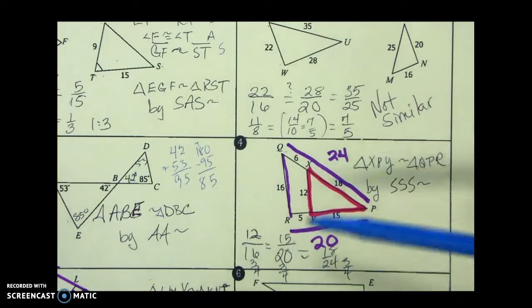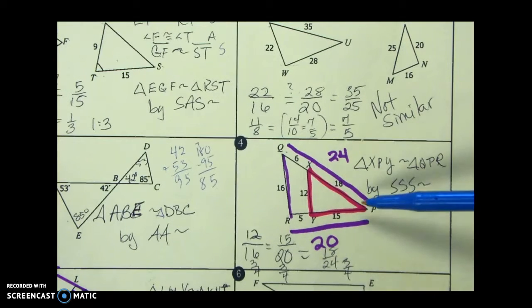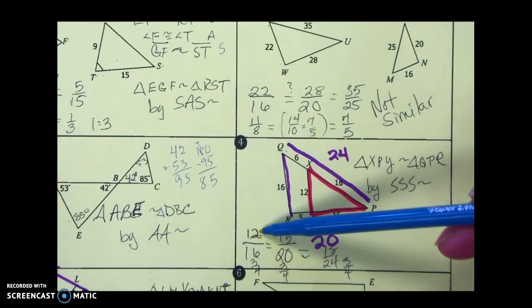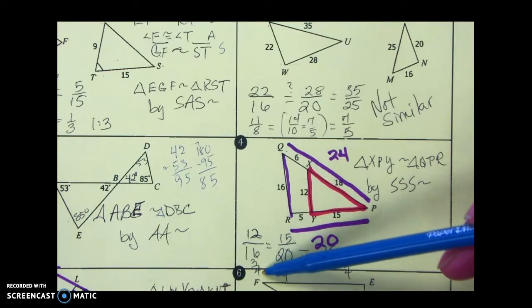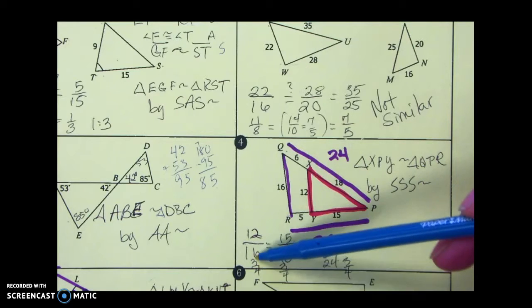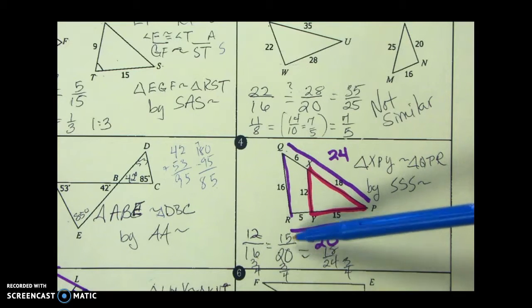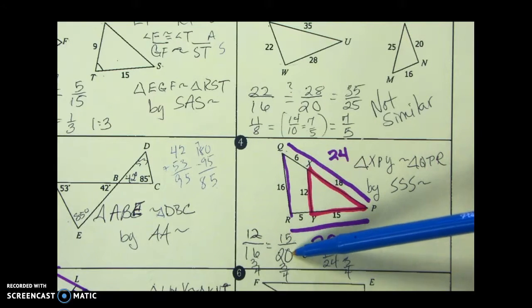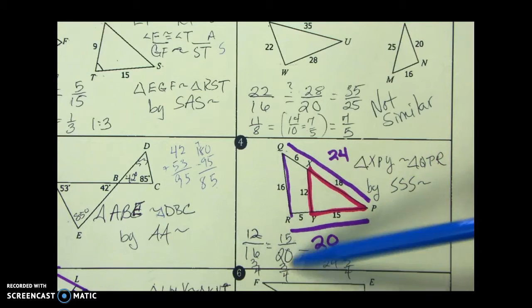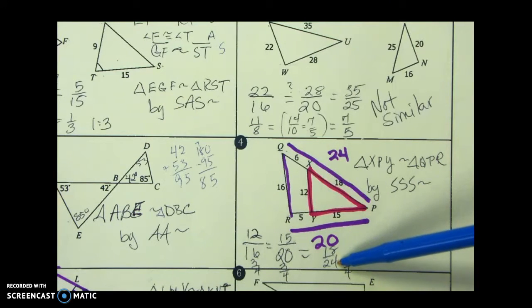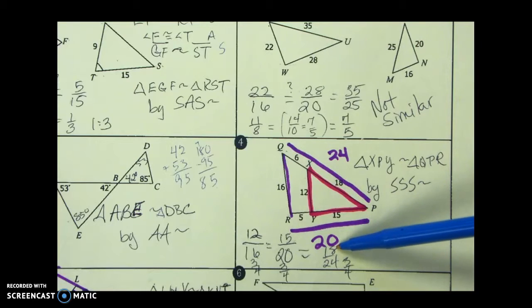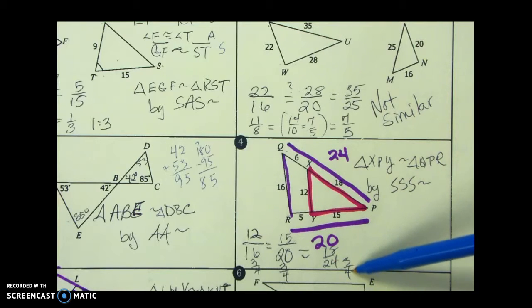Okay, so now I look at each one of these and I reduce. 4 goes into that 3 times, 4 goes into that 4 times. This reduces to 3 over 4. 5 goes into that 3 times, 5 goes into that 4 times. Reduces again to 3 over 4. I look at the 18 over 24. 6 goes into that 3 times, 6 goes into that 4 times.